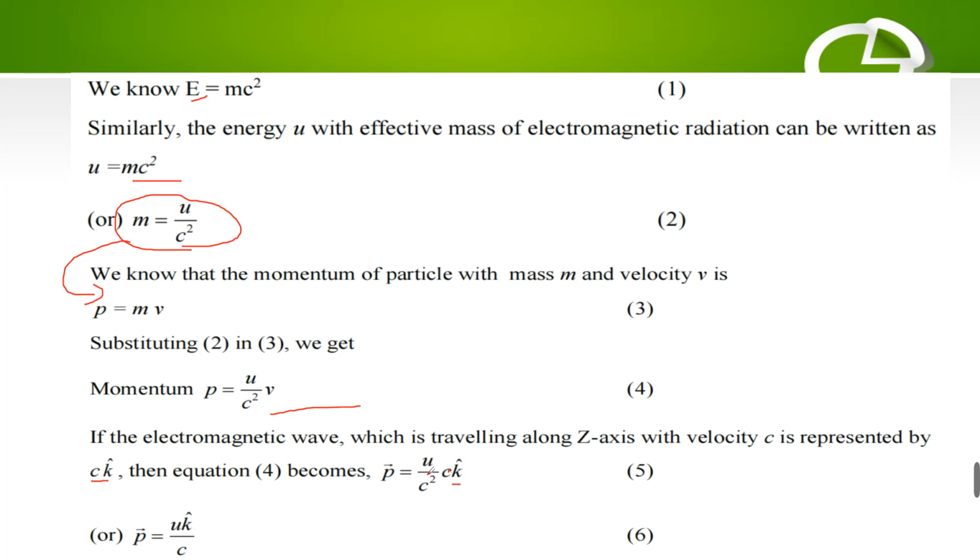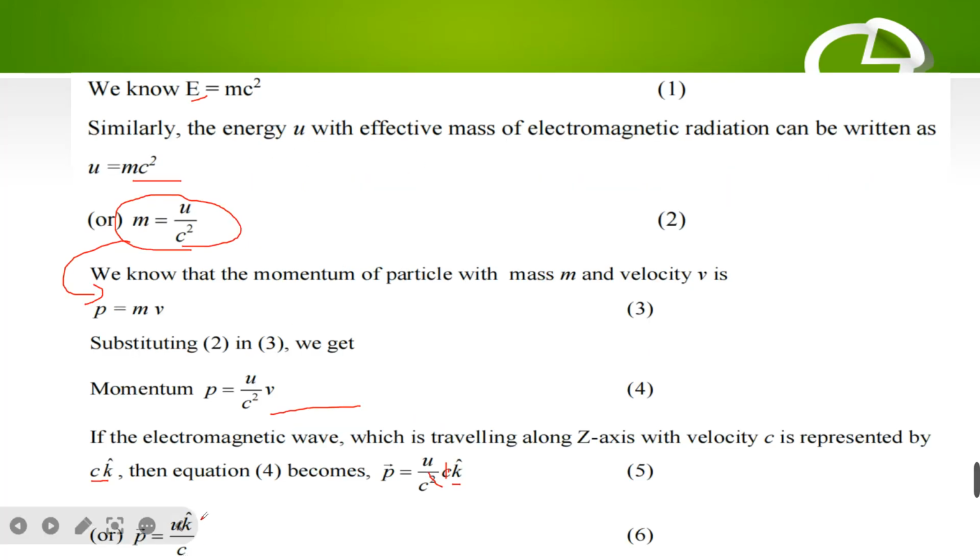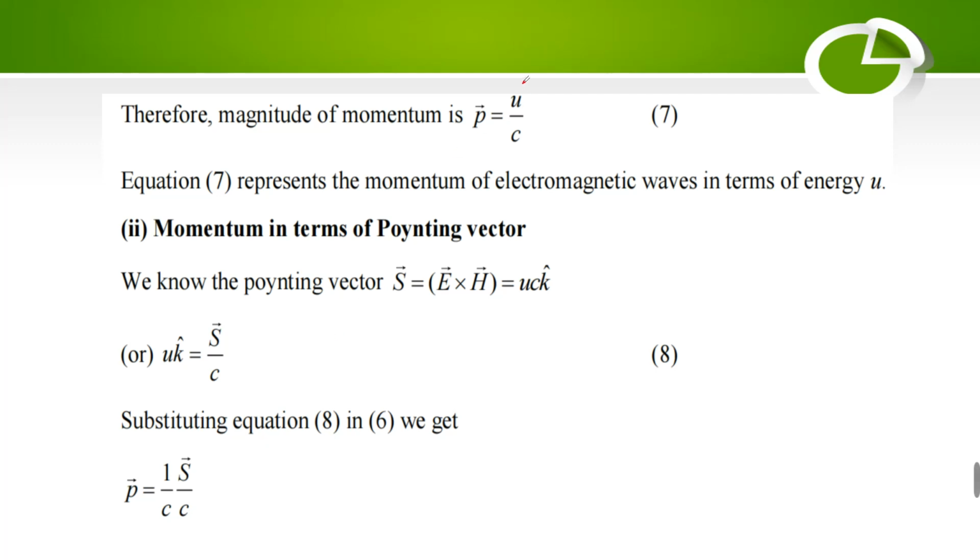This c and c will get cancelled, so P is equal to U k by c. This is the vector. Therefore the magnitude of the momentum P is equal to U by c, which is the formula for the momentum of electromagnetic waves in terms of energy U.